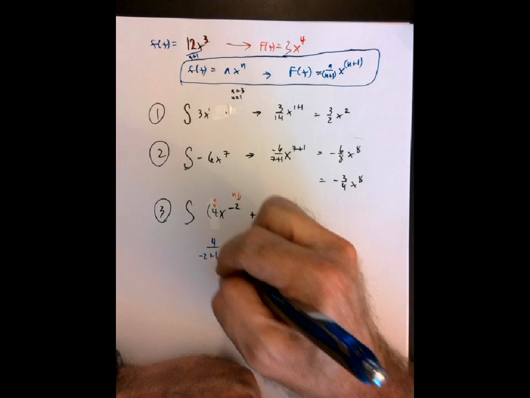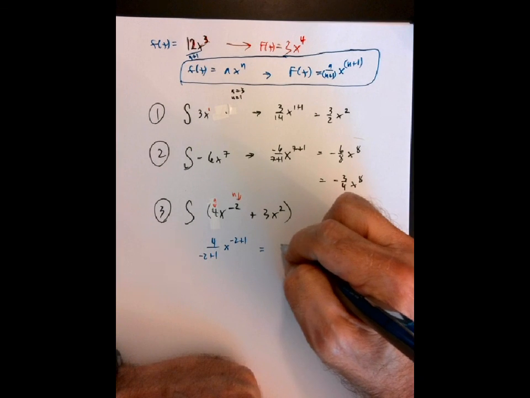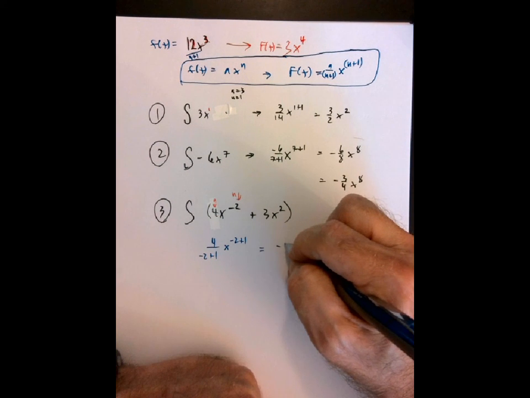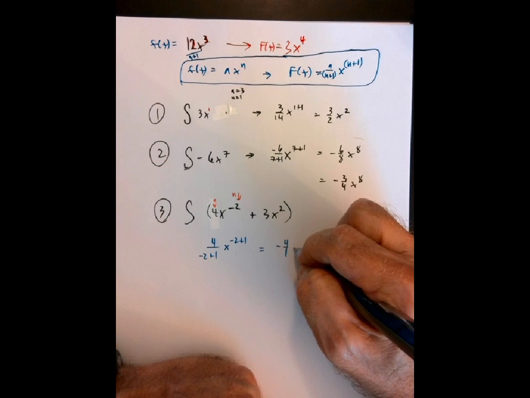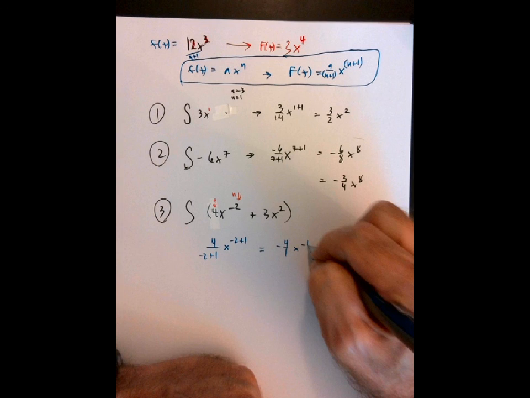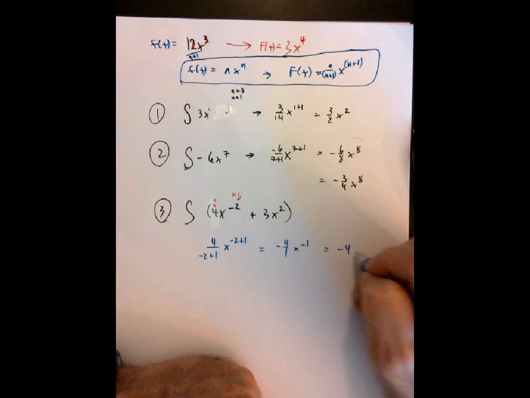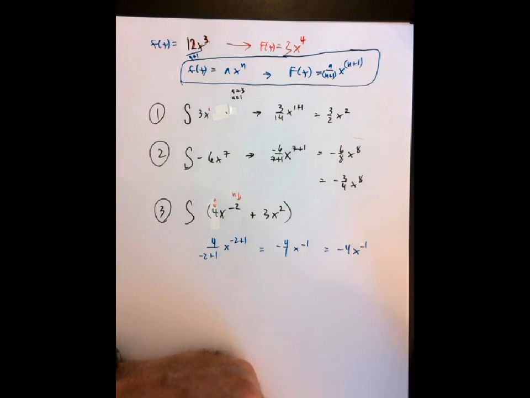Simplifying, that's negative 4 over 1 x to the negative 1, or negative 4 x to the negative 1, right?